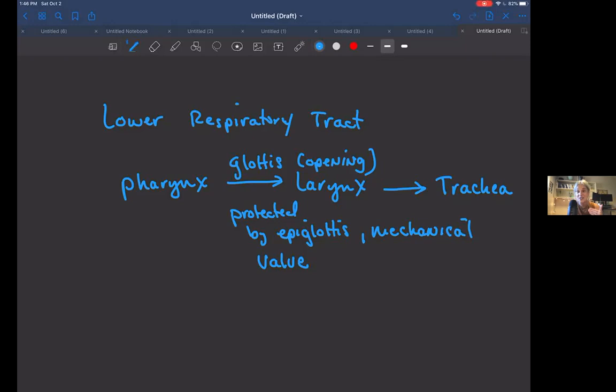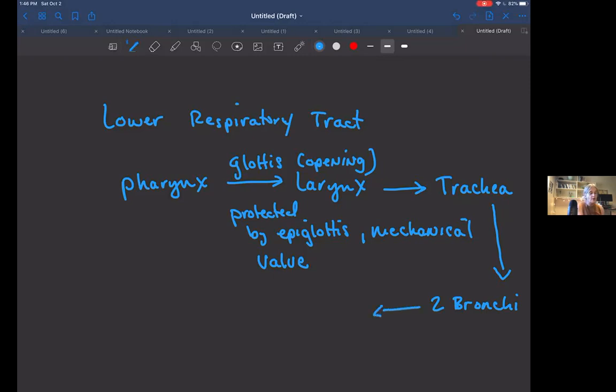We haven't gotten to that point in our respiratory tract yet. From the trachea, we go into the two bronchi, which go to the left and right lungs. When you get bronchitis, or inflammation of the bronchi, that is a lower respiratory tract illness.